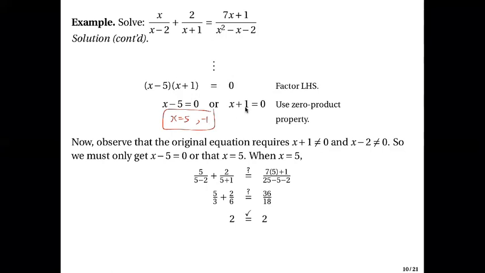Because you will have x plus 1 equals 0, and you cannot have x plus 1 equals 0. So these are some of those instances where your checking part is important. Okay? So this guy here will be wrong. This one is just fine, but this guy here will be wrong.